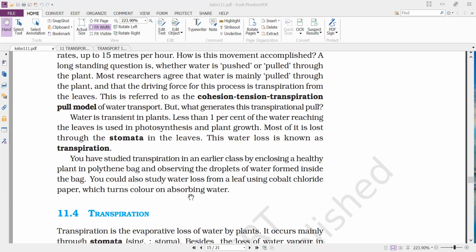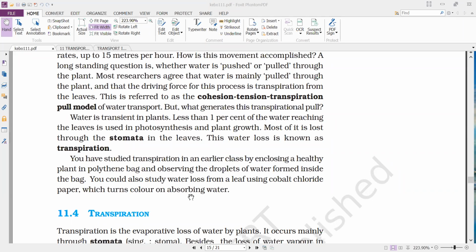We can also demonstrate the transpiration process by using cobalt chloride paper, which turns color on absorbing water. Cover the plant with cobalt chloride paper and leave it in the sun. After some time, we can observe a change in the color of the cobalt chloride.